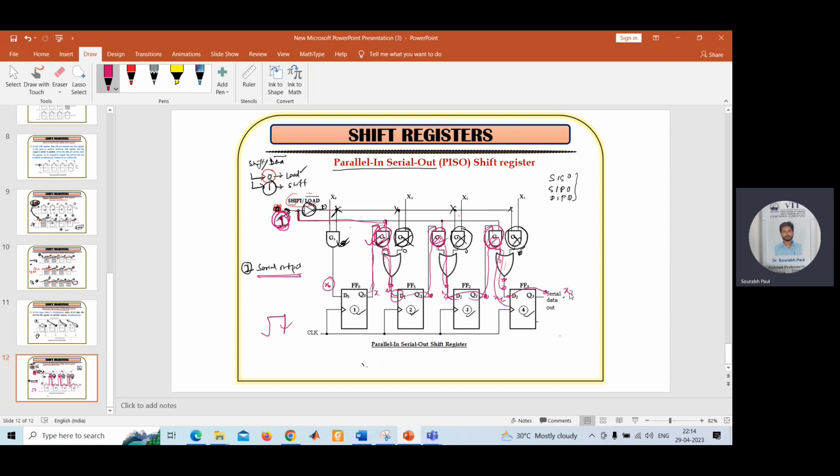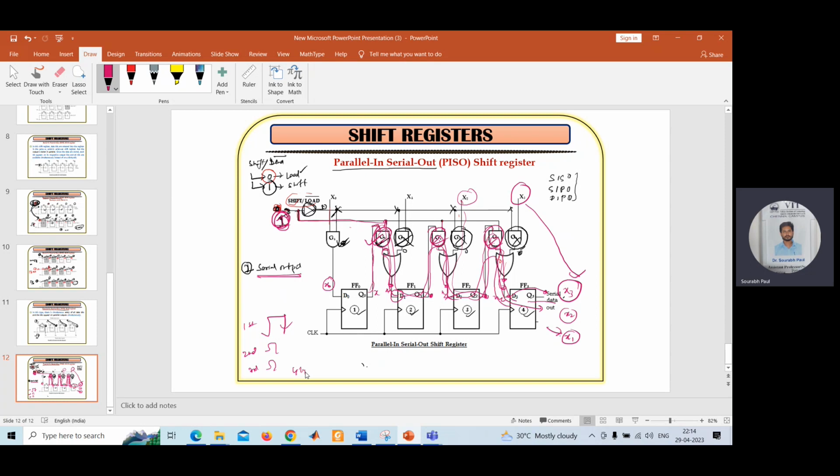So after the first clock, we'll get X3. It means this LSB bit will come in the serial output after the first clock. Now, if we apply the second clock, what will happen? The second bit, X2, will be propagated to the next stage and the corresponding output I will get here. Now, if I apply the third clock, what will happen? This will be propagated from here to here and I will get the output of X1.